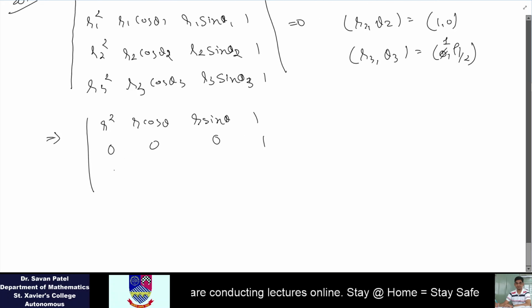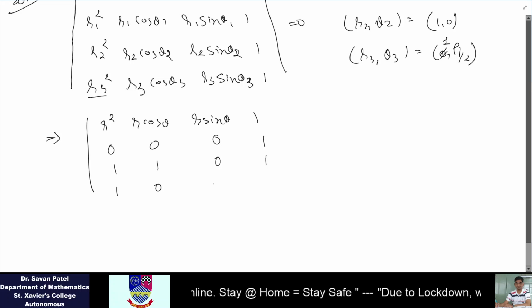Now r2² is 1. r2 cos θ2: r2 is 1, cos 0 is 1, so here it is also 1. r2 sin θ2: sin 0 is 0, so here 0, 1. r3² is 1. r3 cos θ3: r3 is 1, cos π/2 is 0, so here it is 0. r3 sin θ3: r3 is 1 and sin π/2 is also 1, and here it is 1.